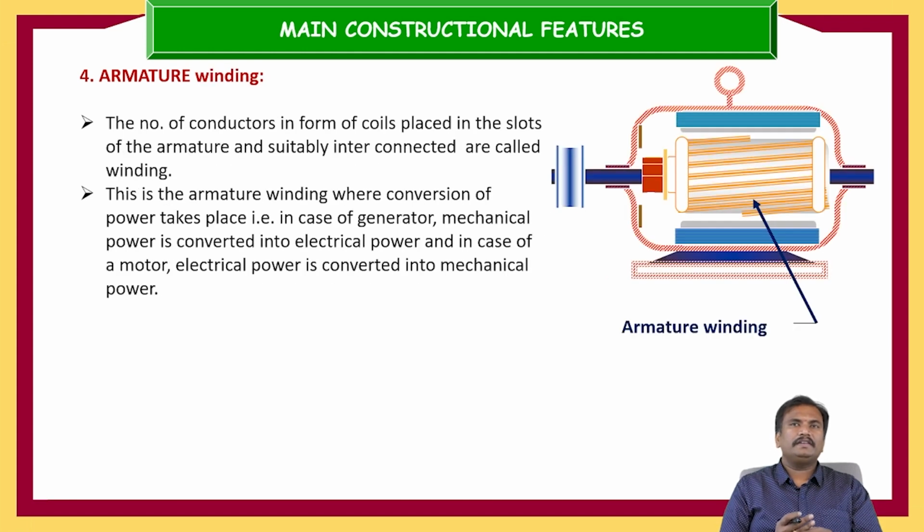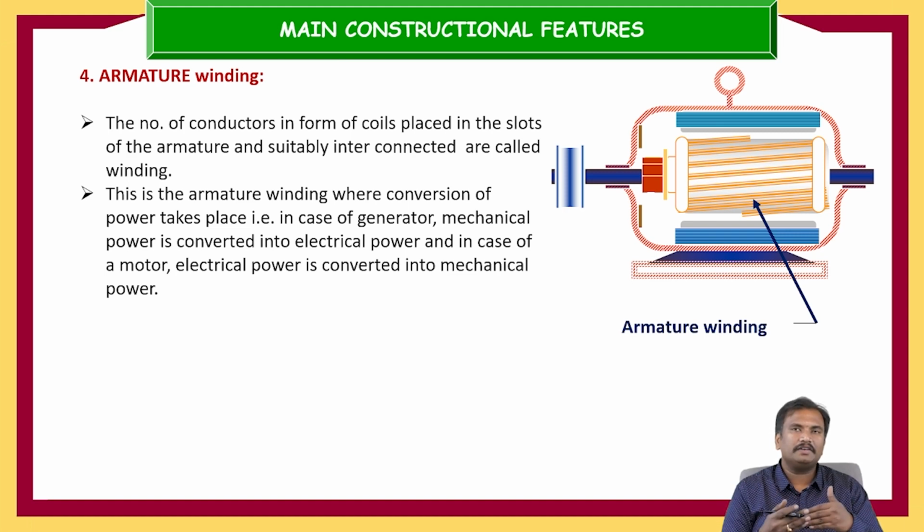And the next one is the armature conductors, or armature winding. When a number of conductors in the form of a coil are placed inside the slots of the armature core, that will form an armature winding. And this is the place where the conversion of power takes place.